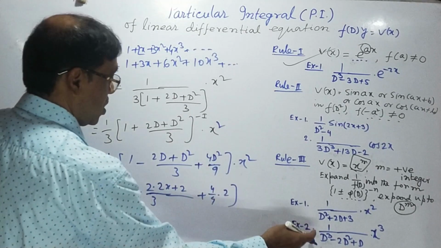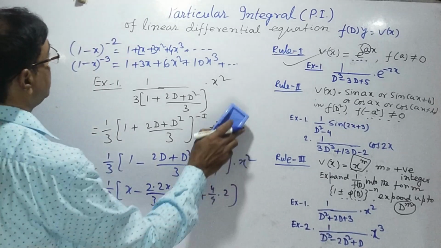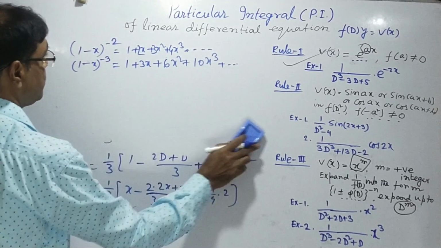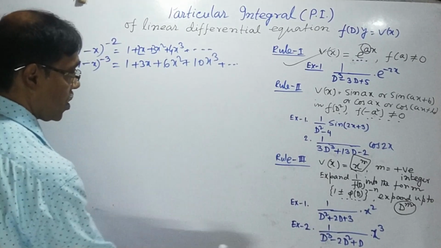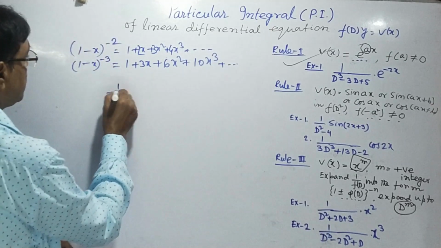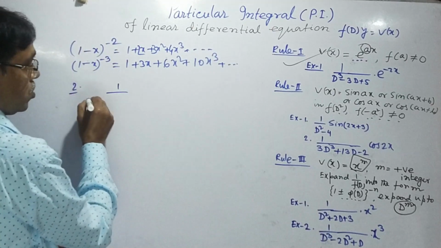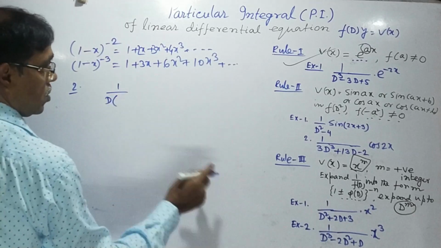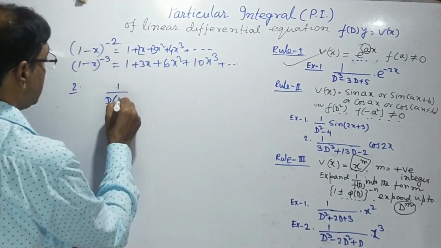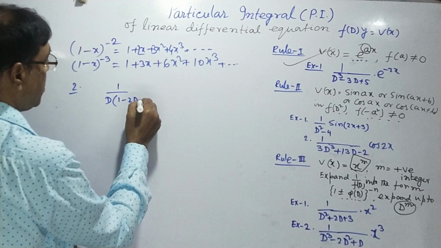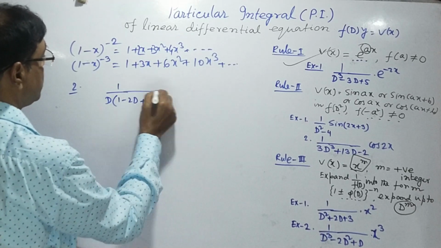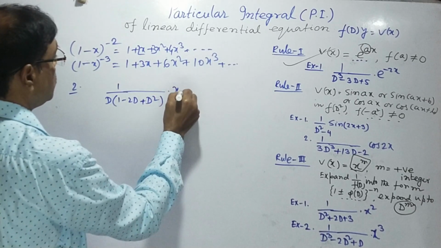Now for problem number 2: 1 by D into 1 minus 2D plus D square into x cube.